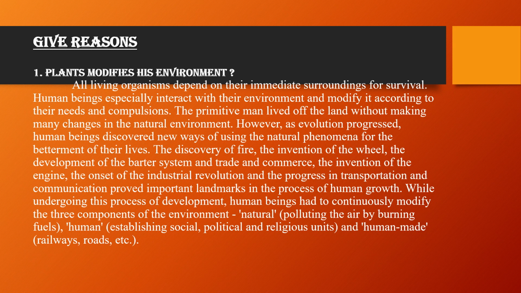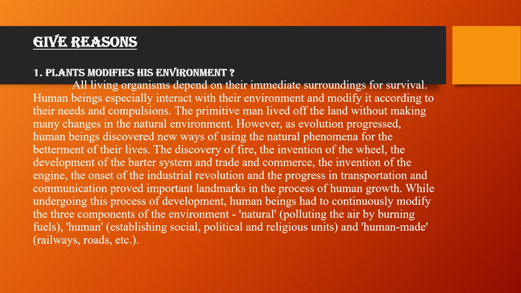Like the primitive man, the early man, lived on the land without making any changes in the natural environment. He adapted to this environment. But as evolution progressed and the years passed, human beings discovered new ways of using natural things for the betterment of their lives or to fulfill their demands and desires.